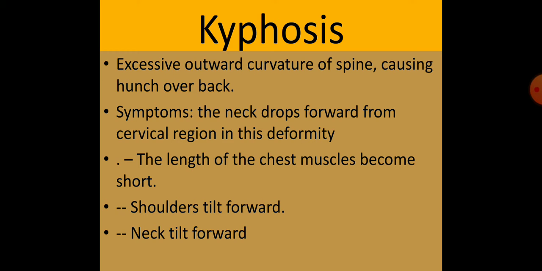We have discussed that round shoulders and kyphosis are similar in the forward tilting of the shoulders. In this also shoulders tilt forward, but initially the problem is the neck dropping forward from the cervical region, then in the thoracic region the shoulders also tilt forward.